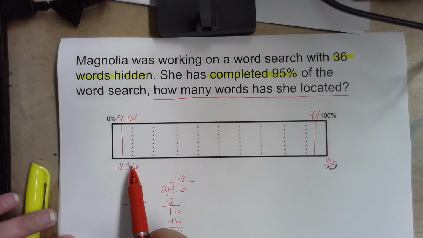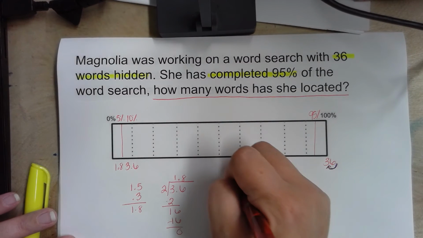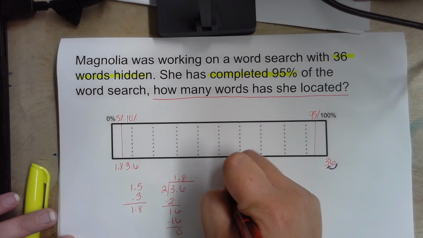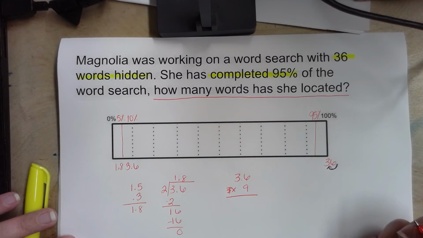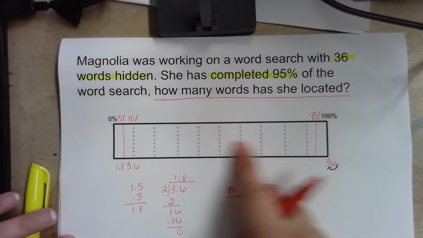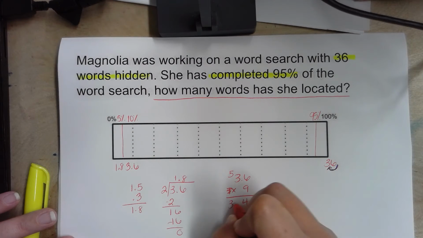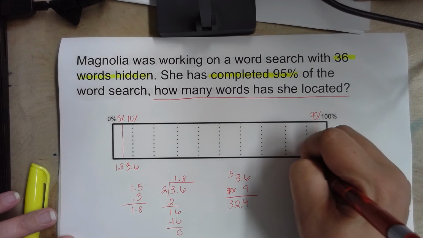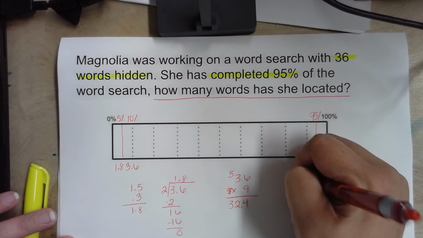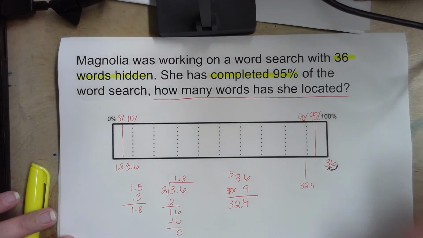So now I want to get this and this to equal this. So I'm going to take 3.6 times 9, because I'm taking 10% 9 times to get over here to 90. And that would be 32.4 for 90%.